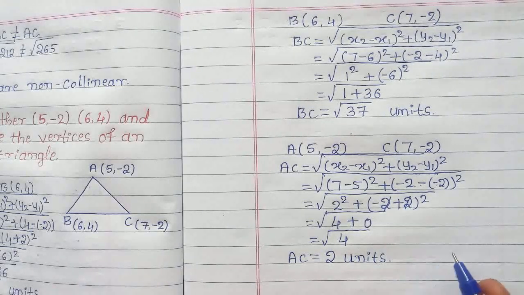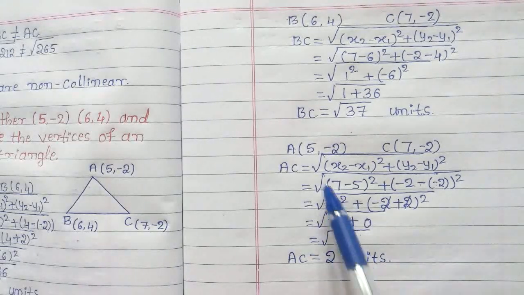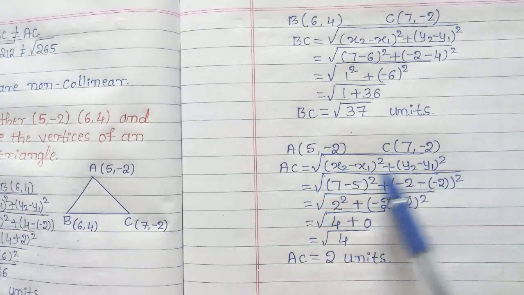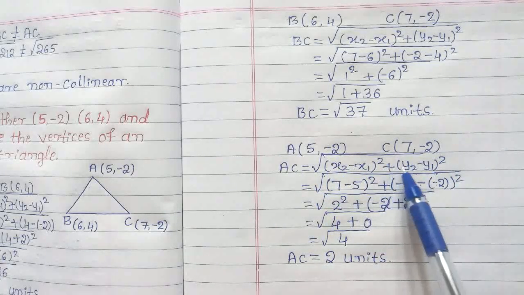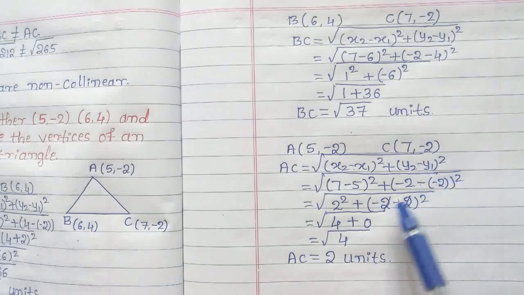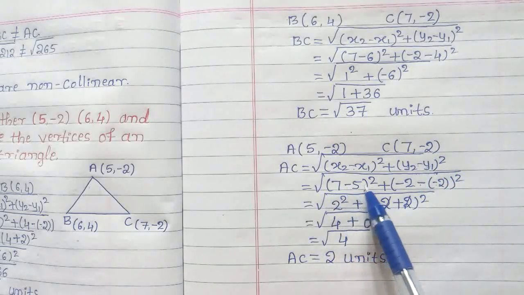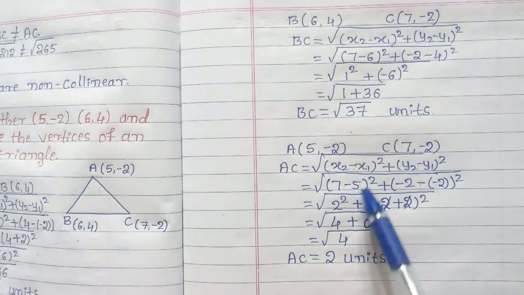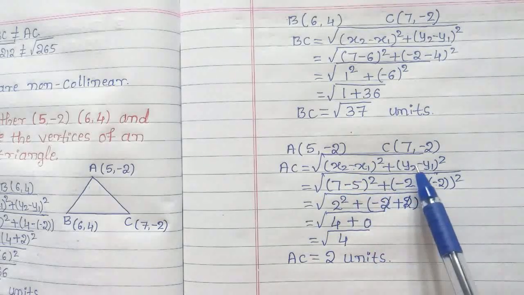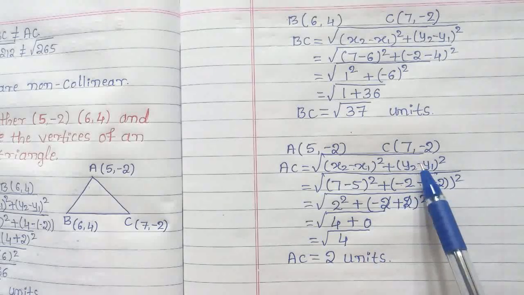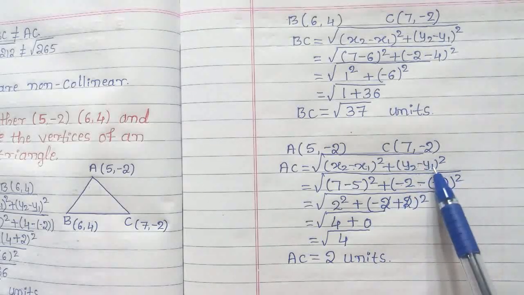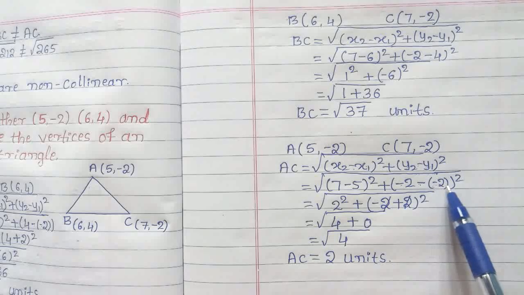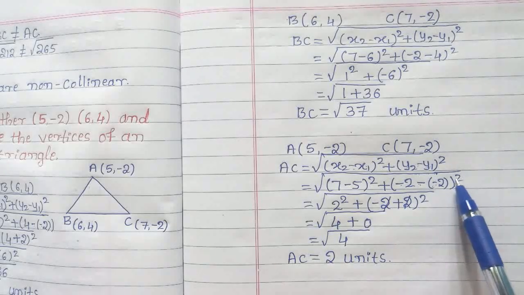Here in this example, AC is equal to square root of x2 minus x1 whole square plus y2 minus y1 whole square. Then square root of 7 minus 5 whole square plus y2 is minus 2, write minus as it is, then y1 is again minus 2, write as it is, minus 2 whole square.